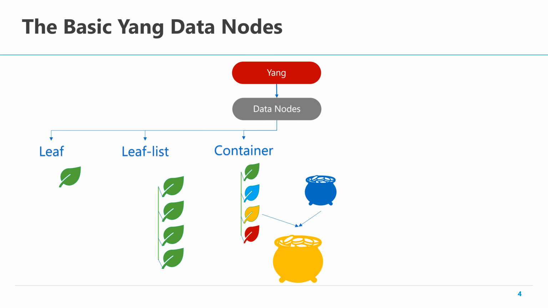Similarly, in Yang, you can use a container to group a set of elements and store them together. You can store a number, name, an IP address, port number, all of it in one place. That is why it is called a container.